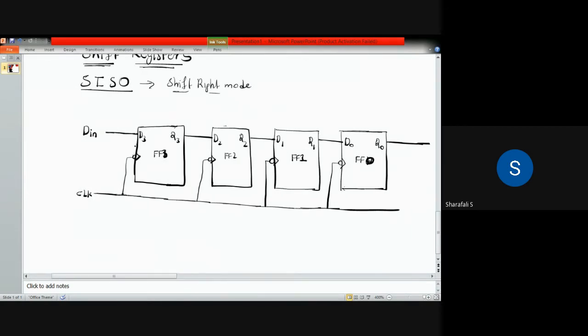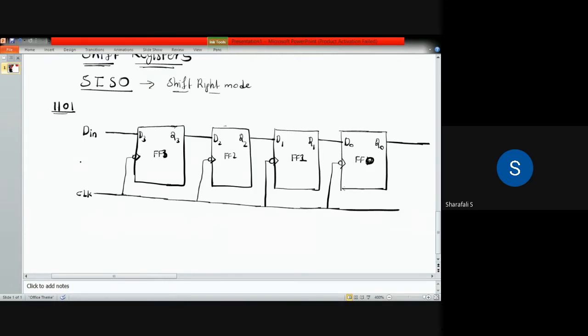So now what will happen? For example, we are considering 4-bit data. Let's consider 1101 as our input. Suppose we just pressed letter A, and letter A is 1101.